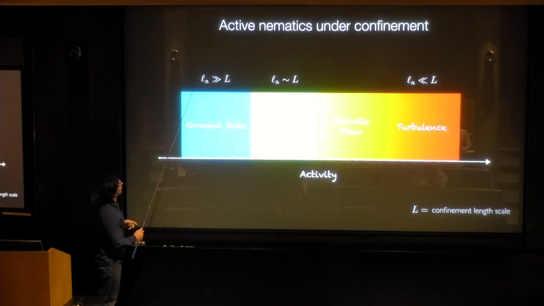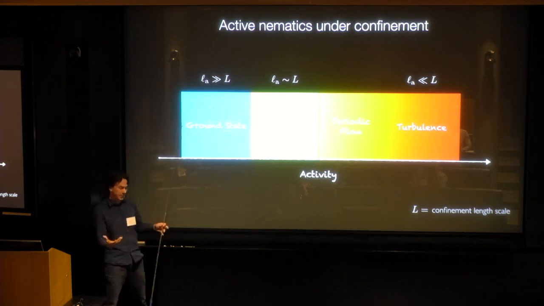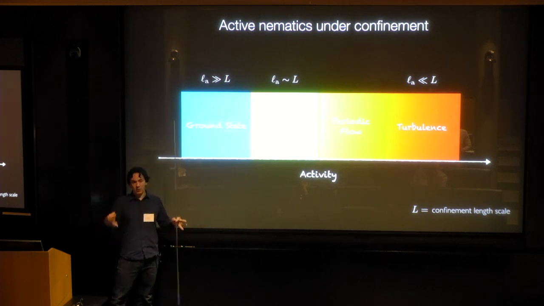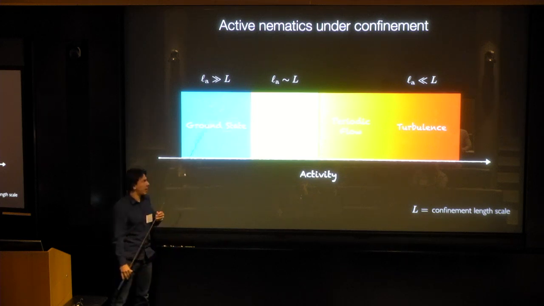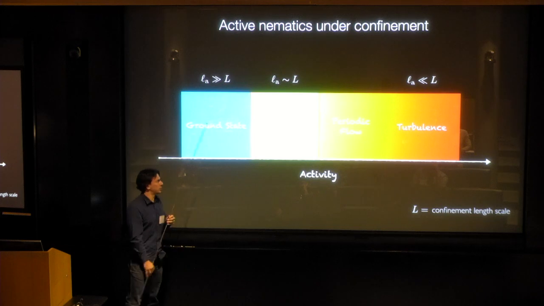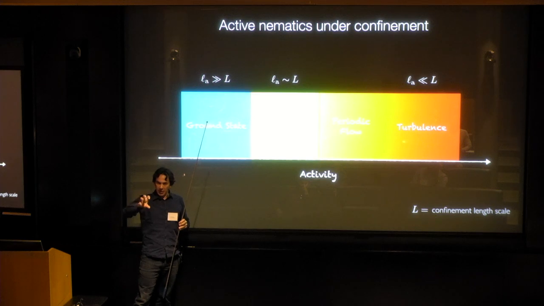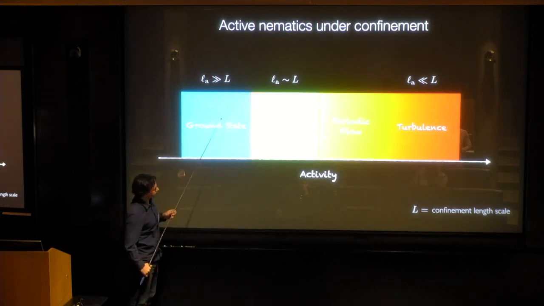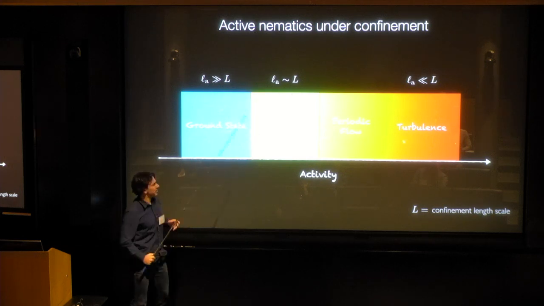For instance, when the length scale is much smaller than the system size, typically the system is found in the lowest free energy state, so the configuration that minimizes the free energy. This might or may not be flowing, depending on the geometry, depending on the boundary condition, but it is the ground state. Now, if you imagine to increase the activity, by putting, for instance, more of this biochemical fuel, eventually these active length scales will become of the order of the system size.